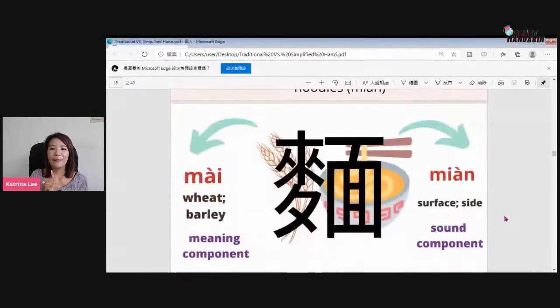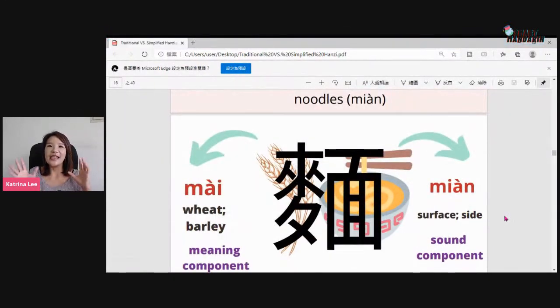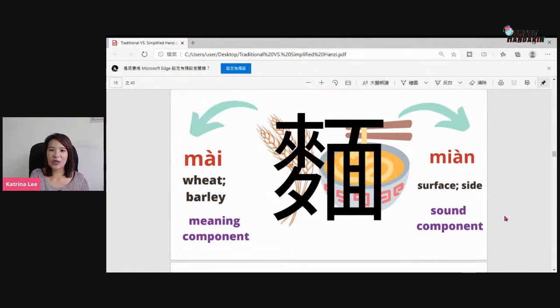But let me give you the idea behind the traditional character. This is how I teach my students in my program. As you can see from this traditional character, mian, noodles, you have a left component and a right component.